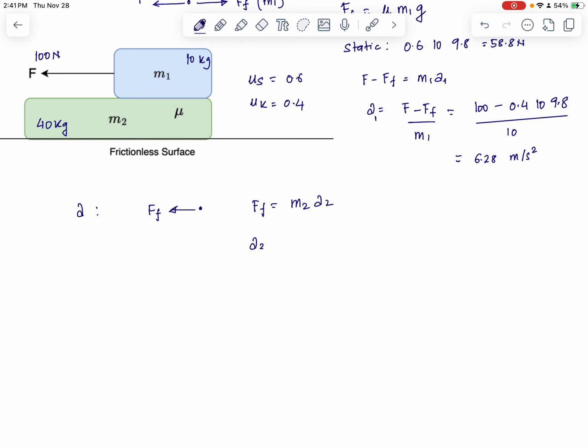Therefore a2 equals the frictional force, that is mu kinetic times m1 times g divided by m2, equals 0.4 times 10 times 9.8 divided by 40, which is 0.98 meters per second squared.